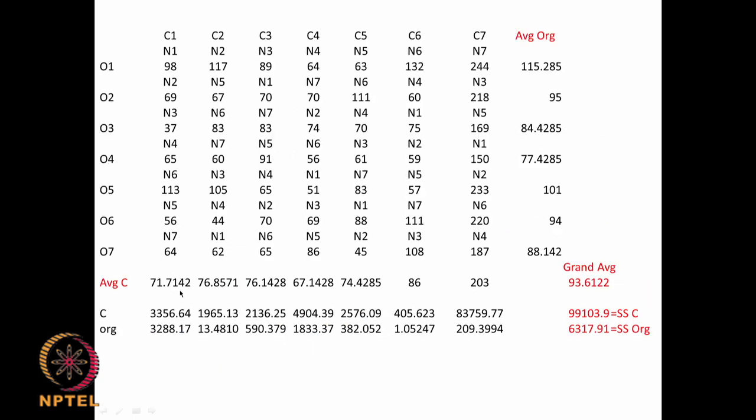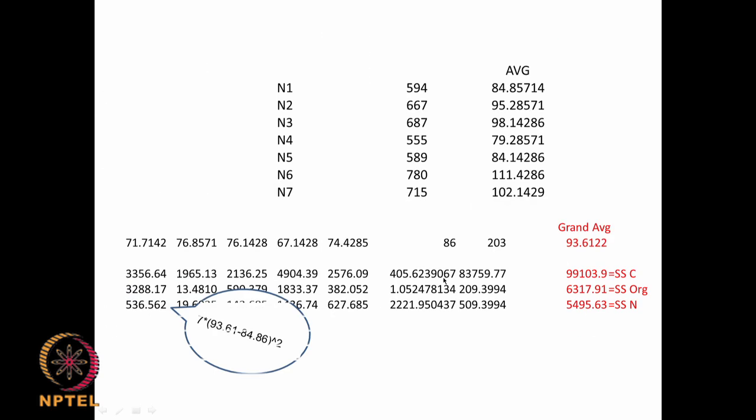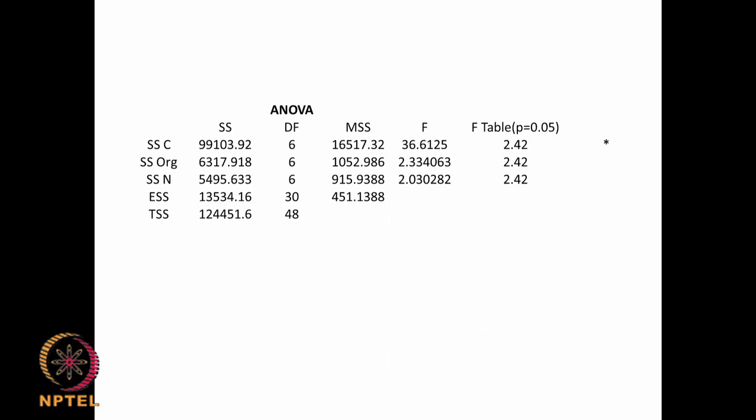Okay, so we look at the average of these carbons. Look at this, 71, 76, 76, 67, 74. So this carbon 7, this looks very big. So this particular carbon gives you the maximum yield of your metabolite. Okay. Now let us look at the other terms.